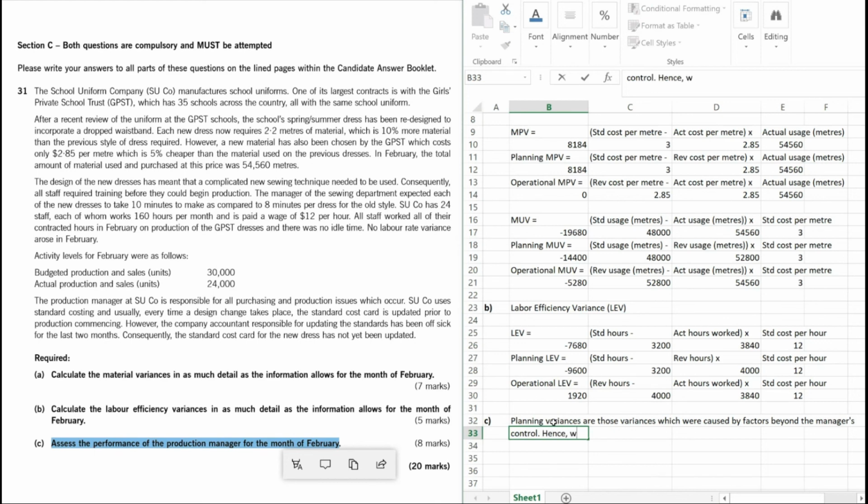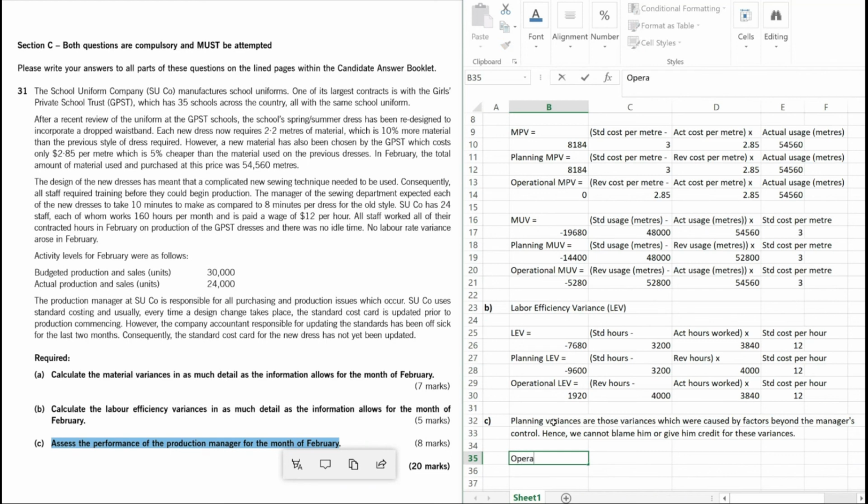Hence, we cannot blame him or give him credit for these variances. This is a standard point about planning variances: they were caused by factors not in the manager's control, because we didn't update the standard properly for certain situations. That's why we cannot blame him if it's an adverse planning variance, or we cannot give him credit if it's a favorable planning variance. So you'll get a mark for this.